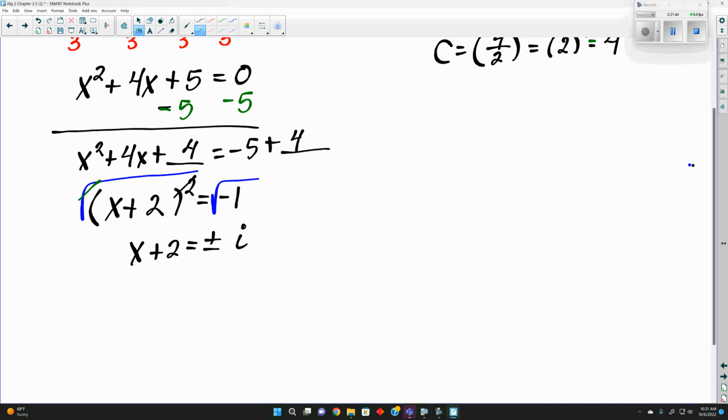Because by definition, i is the square root of negative 1. So we just have i. Over to the other side, so we would subtract 2 from both sides, telling us x is equal to negative 2 plus or minus i.